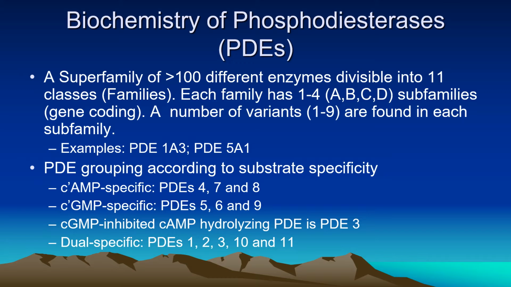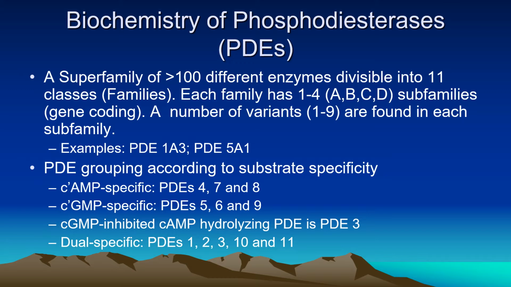This is how it is expressed. Now there are various ways phosphodiesterases are classified according to their amino acid sequence, substrate specificity, and other characteristics. However, what I will present here is substrate specificity and distribution of phosphodiesterase enzymes. Now, some of them are cyclic AMP specific.